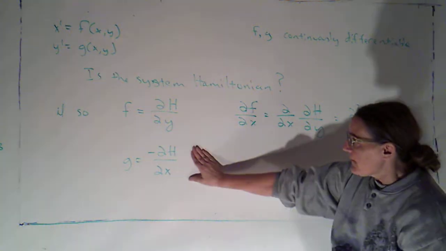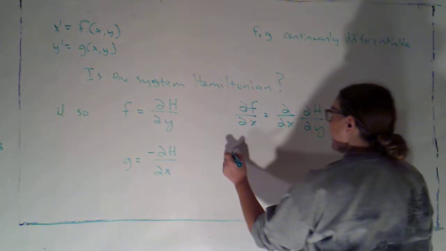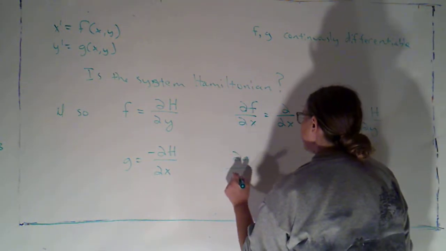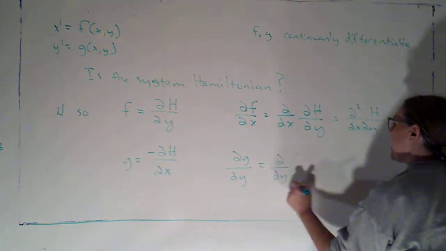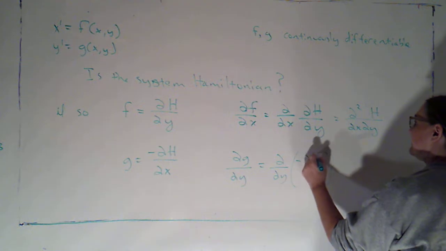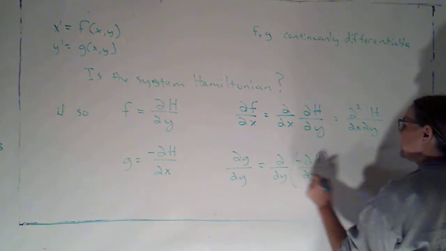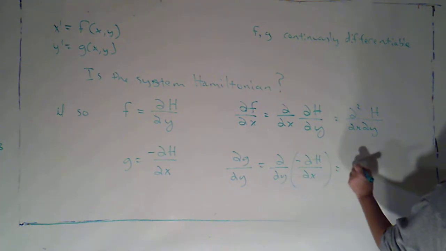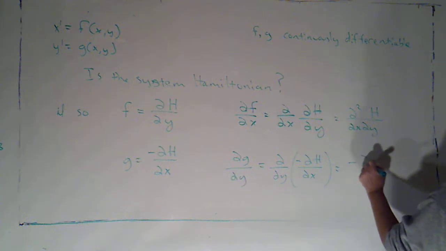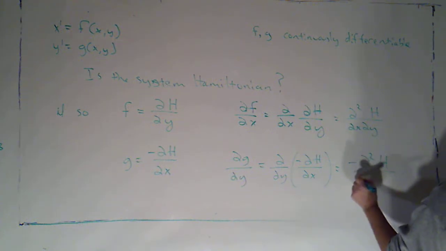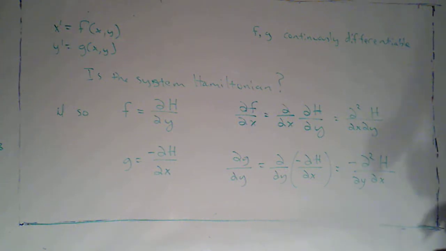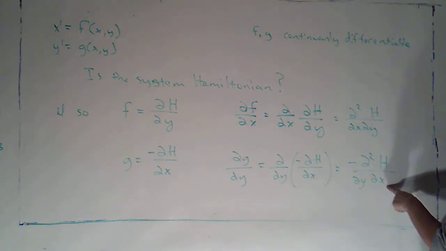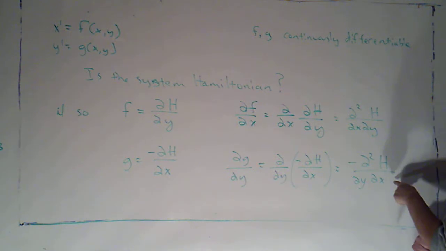If I wanted to get a mixed second partial here, I'd take the partial of g with respect to y. That would be the partial with respect to y of the opposite of the partial of h with respect to x. That's going to give me the opposite of the second partial of h, taking the partials with respect to x first and then y. So this gives me the opposite of the other mixed partial.